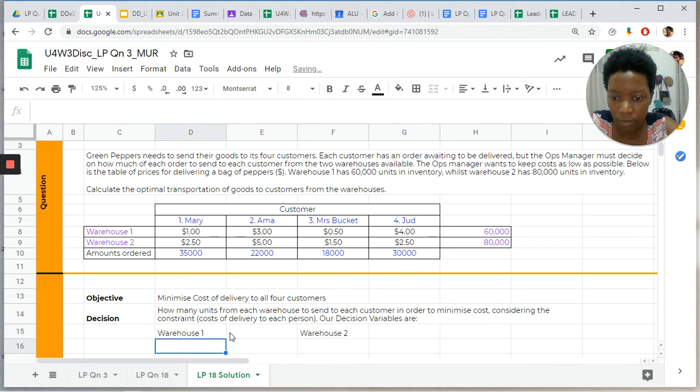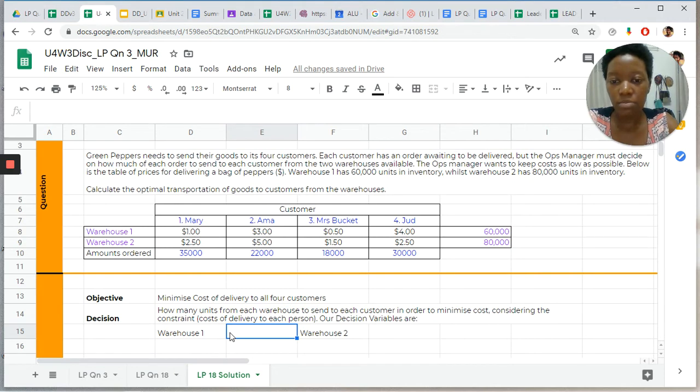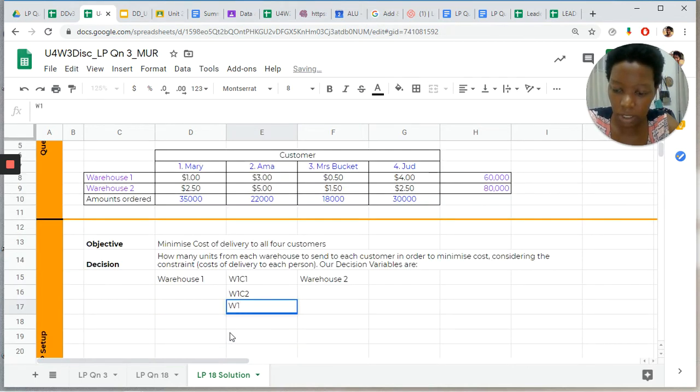And from warehouse 1, it's possible that I could deliver to all 4 customers from warehouse 1. So each customer, I'm going to call customer 1 using C1 and customer 2 using C2, etc. So from warehouse 1 to customer 1, I could deliver from warehouse 1 to customer 2, warehouse 1 to customer 3, warehouse 1 to customer 4.